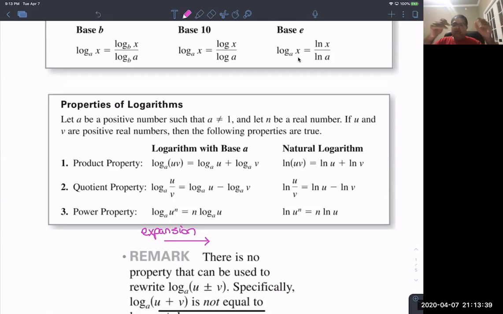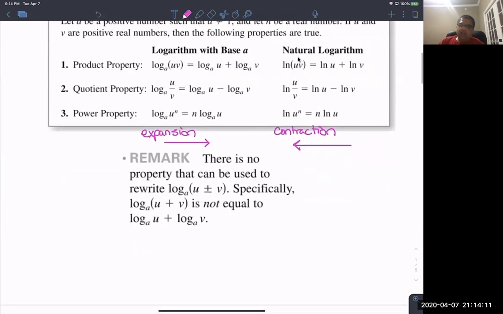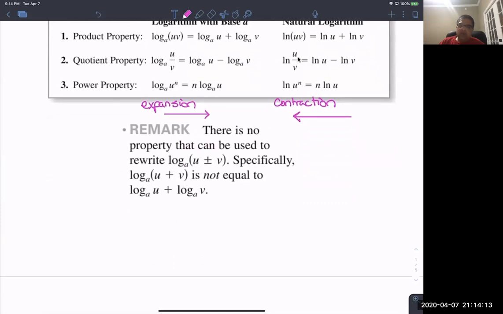So expansion is going from left to right. And when you go from right to left, when you take multiple logarithms and shrink them down and condense them using these properties of logs into one logarithm, we call that contraction. So going from left to right is known as expansion, and going from right to left is known as contraction of logs.